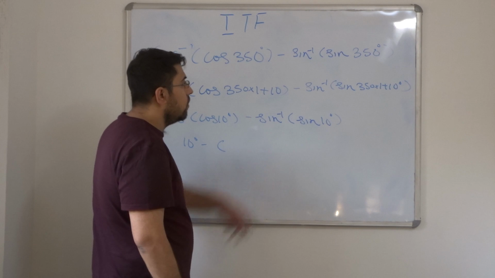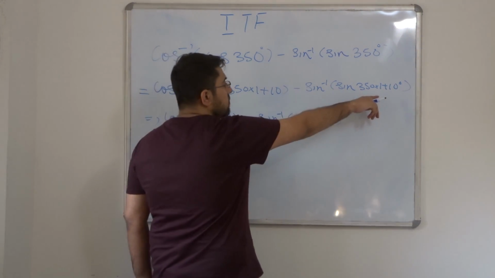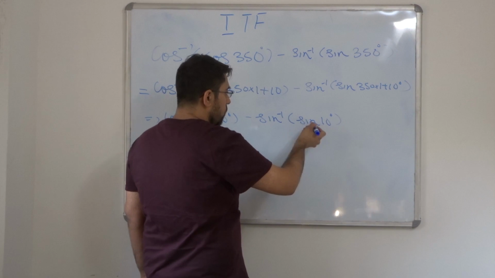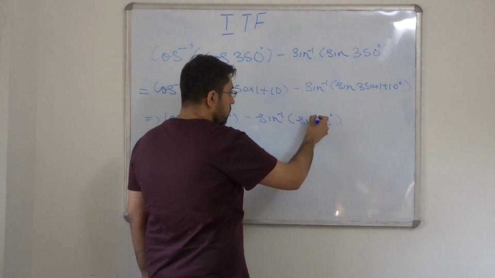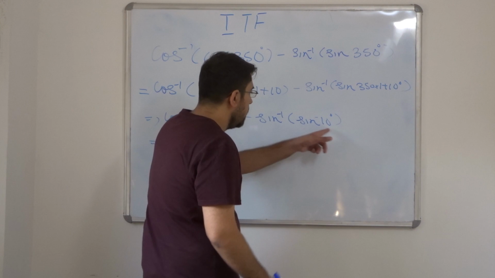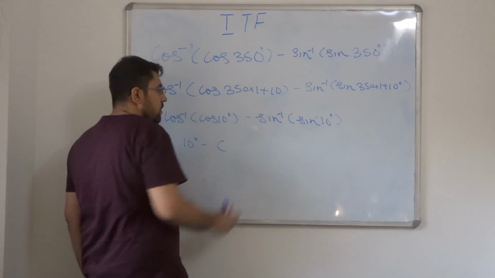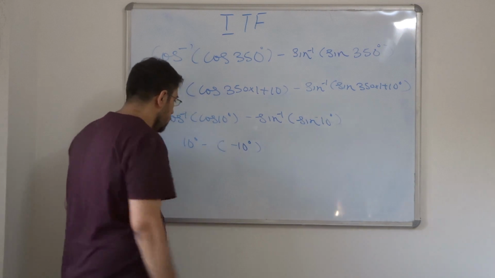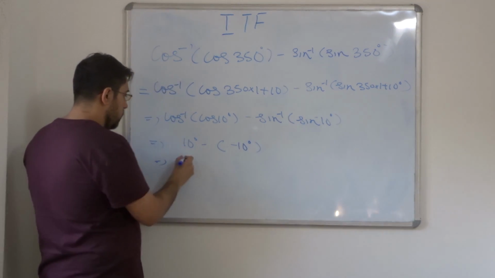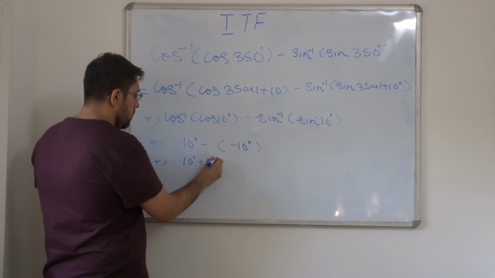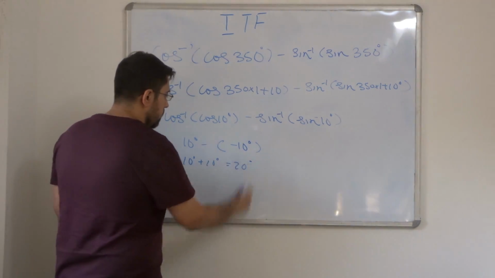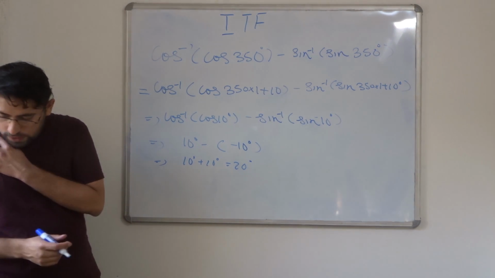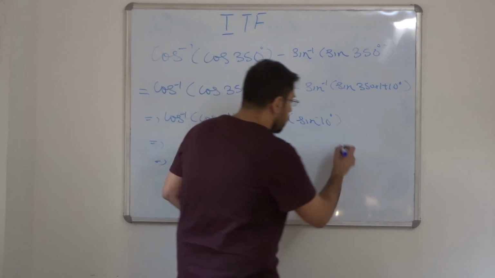Now guys, remember that this is in different territory, so that's why you're going to have negative 10 here as well. So 10 plus 10 is equal to 20. Okay, so this is your answer. So try solving this one now.